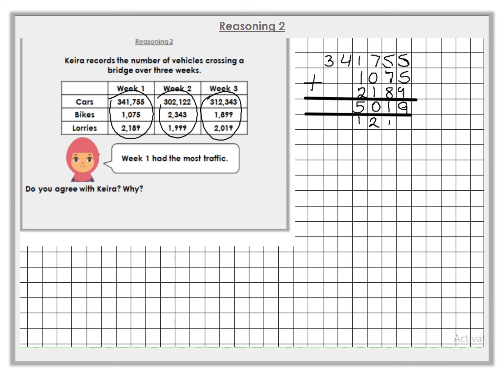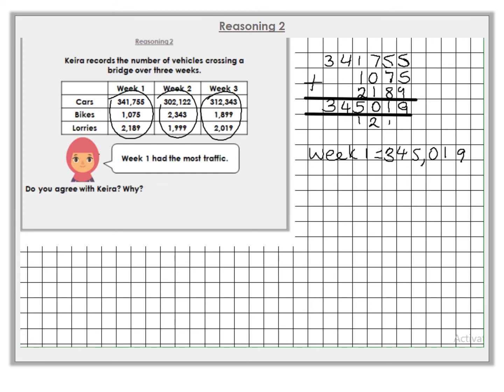We've got 4 here, and nothing, and then 3. So week 1 gives you 345,019 cars. That's quite a lot of vehicles.